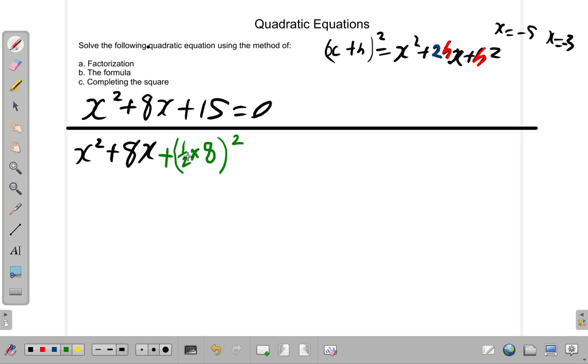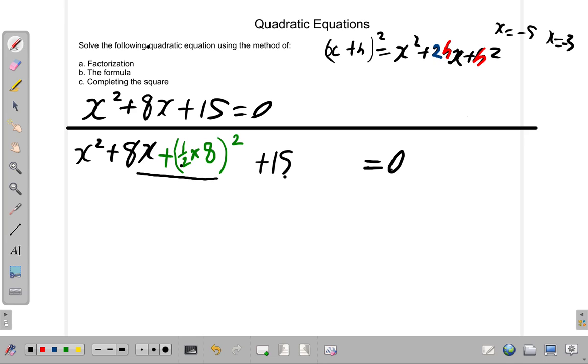Now, you're going to put back the 15. You can keep it on the left hand side as it is now. So you say plus 15. But in separating the 15, what you could also do is put it on the right. But let's keep it on the left for now. Let me leave a space, equals 0. Let's just keep everything on the left hand side.